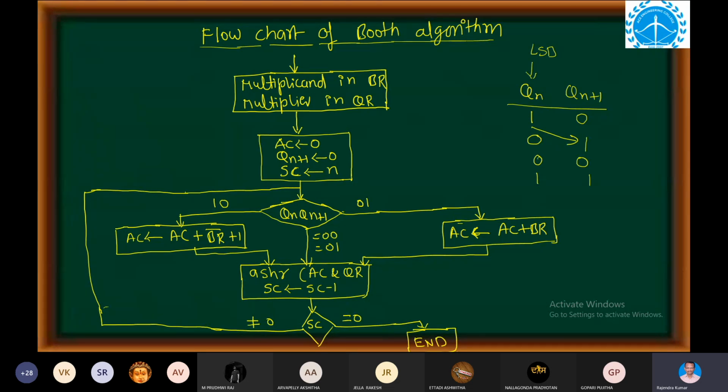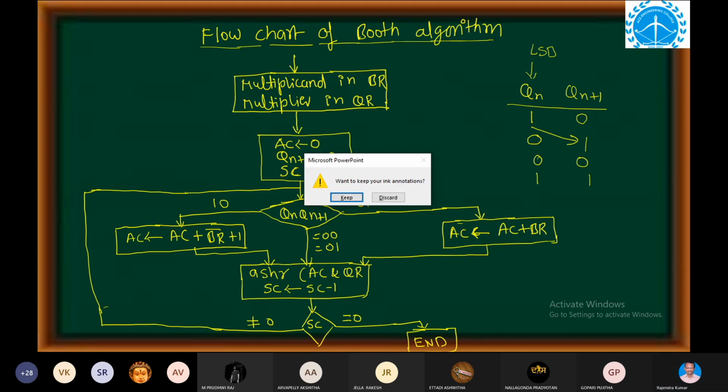Before taking the example, with one binary data as multiplicand and another binary data as multiplier, are you having any doubt? Please ask the doubt up to now.